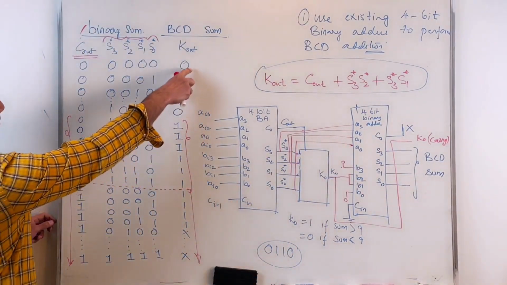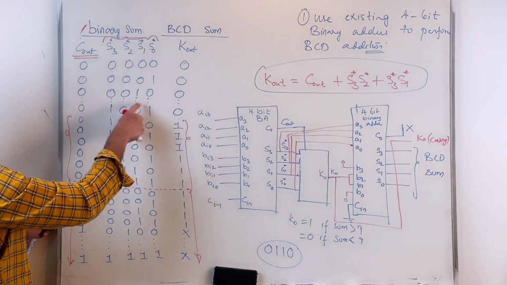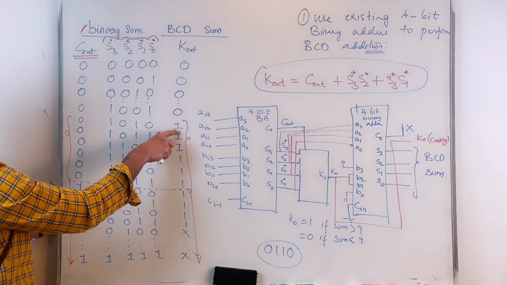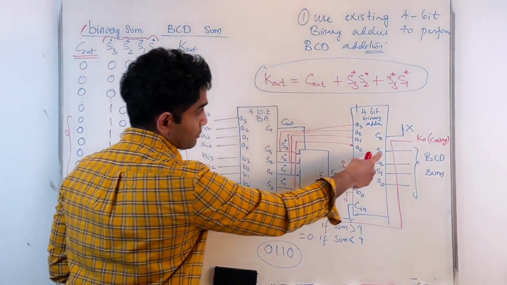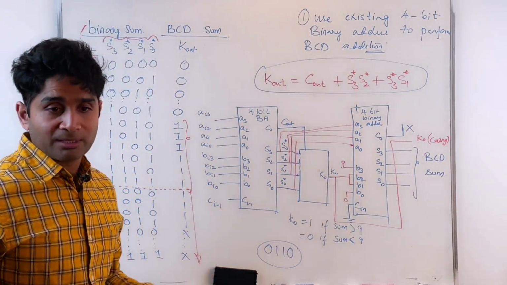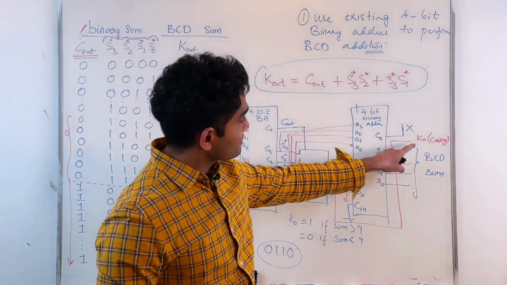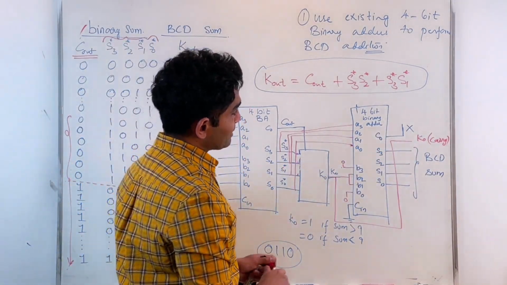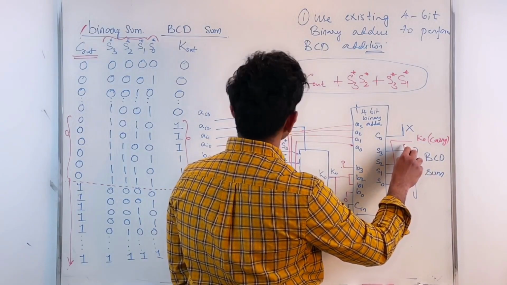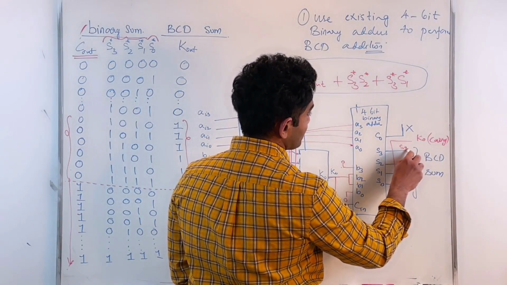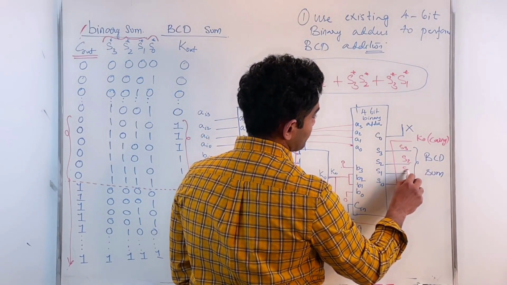As you can see here, every time my sum exceeds 9, my K0 is 1. So that can function as a control logic here, as well as your output carry. And these are the correct BCD sum values, which are my S3, S2, S1, S0.